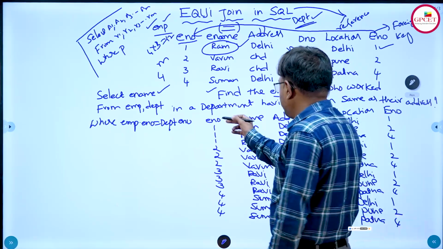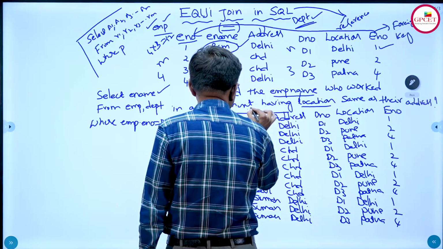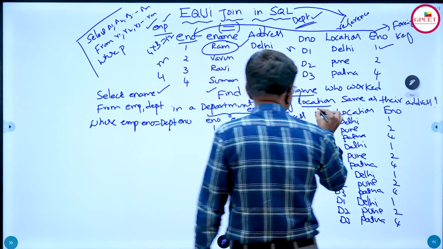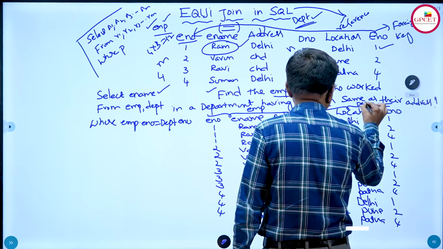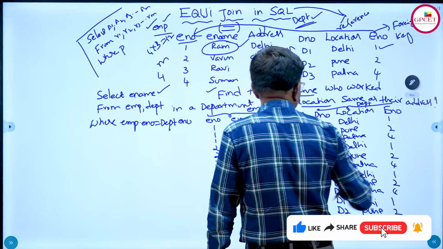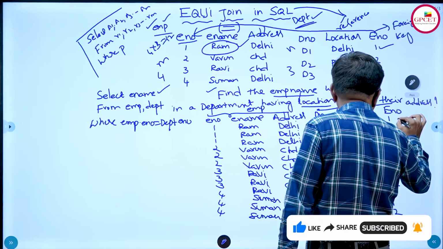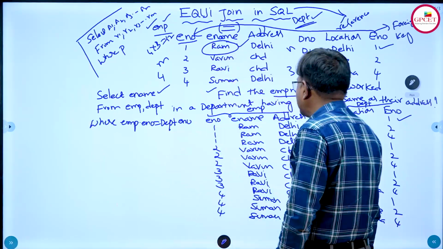Observe here, EMP is a table with employee number, employee name, address, having department number and department location. Employee number is in the department table. Observe here EMP.E number 1, here department.E number 1, that is okay, equal.